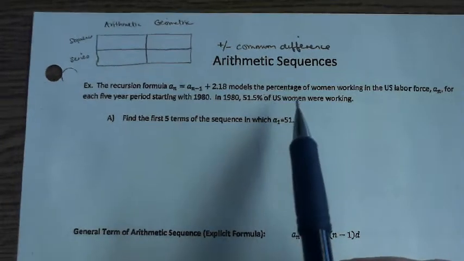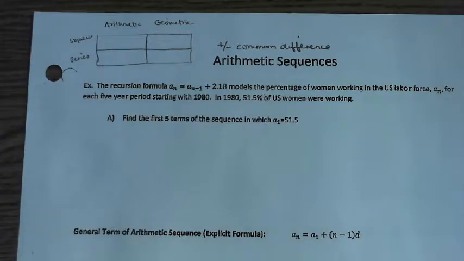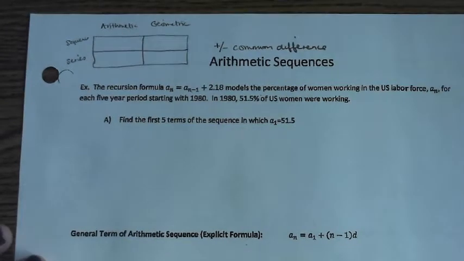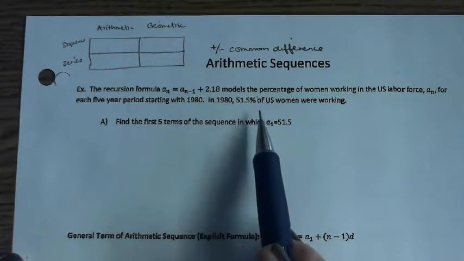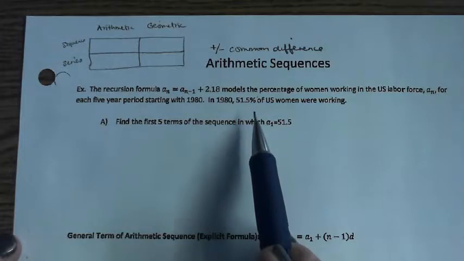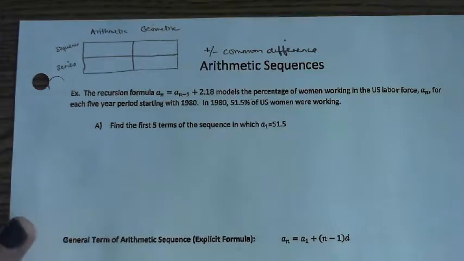Models the percentage of women working in the U.S. labor force for each 5-year period starting with 1980. So in 1980, 51.5% of U.S. women were working.